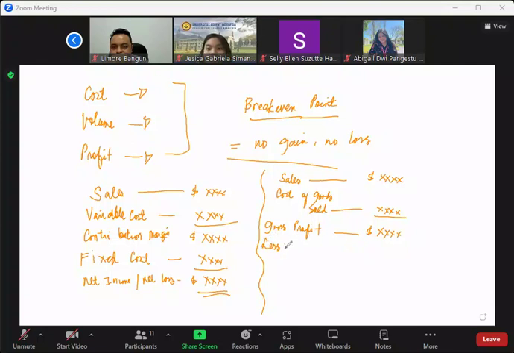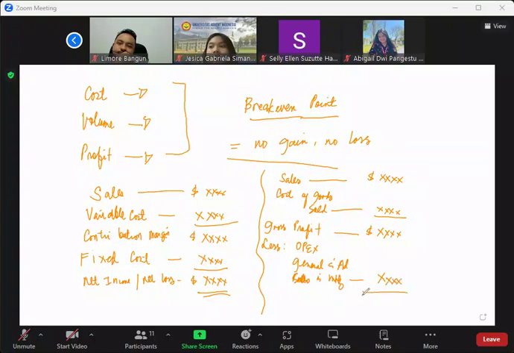And you have to deduct the operating expenses. So you have the general and administrative, and then you have the sales and marketing. So this is the form of the two financial statements.